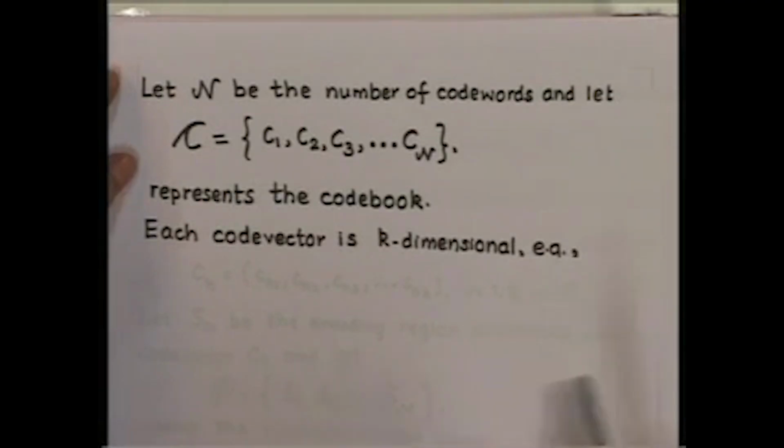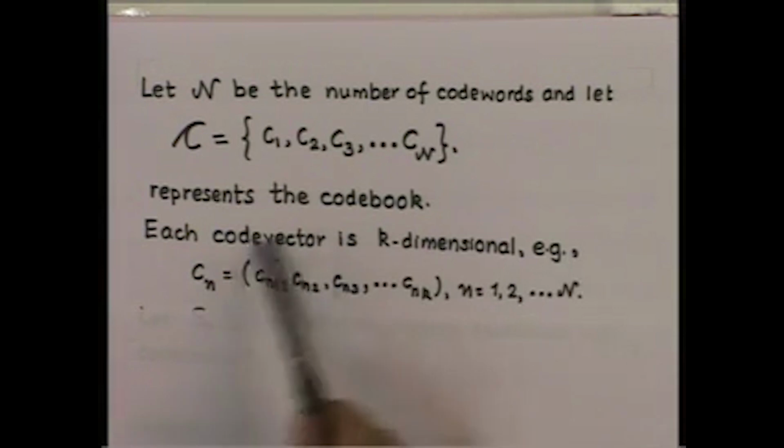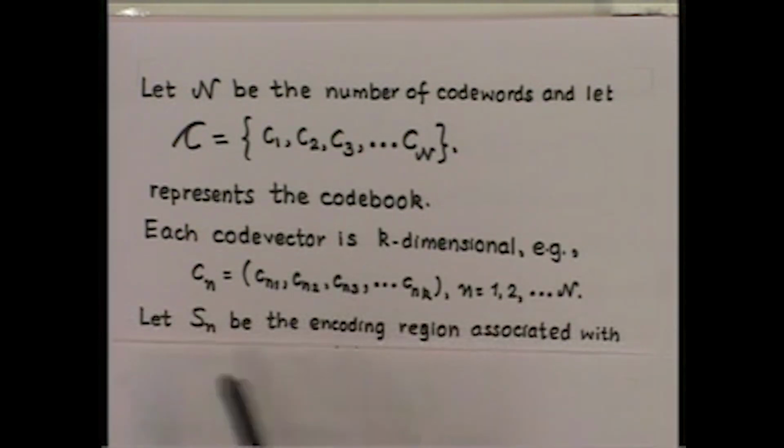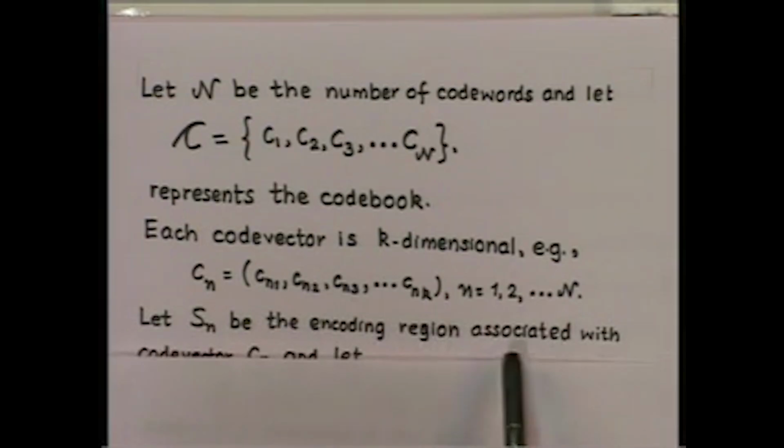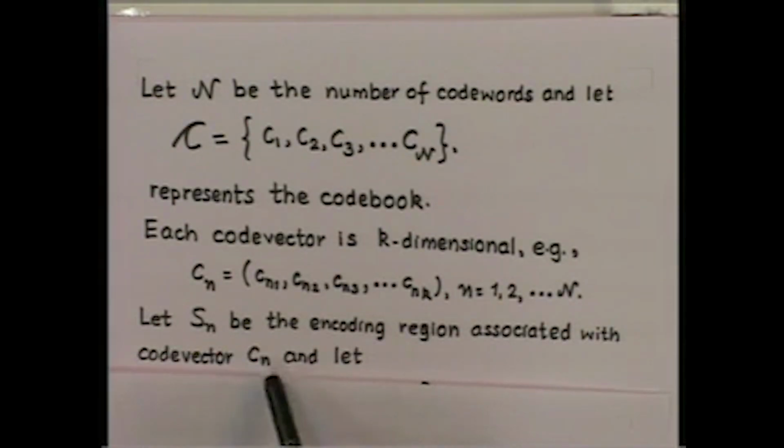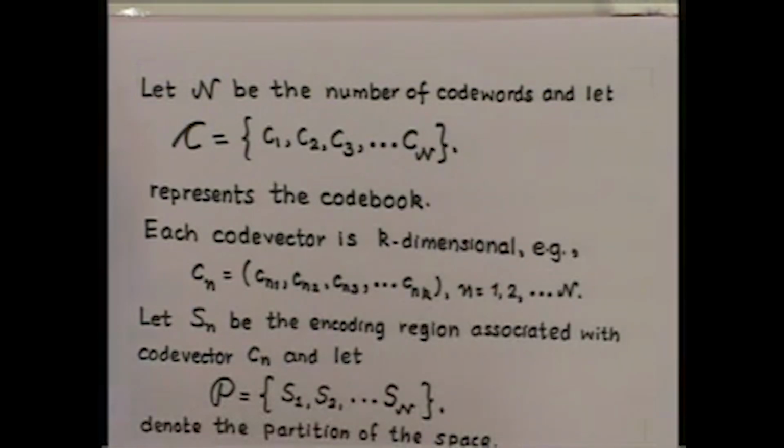Now, each code vector is k dimensional, given as shown here, and let S_n be the encoding region associated with code vector C_n, and let P be the set consisting of these encoding regions. It denotes the partition of the space, and in fact, S_n is the Voronoi cell.